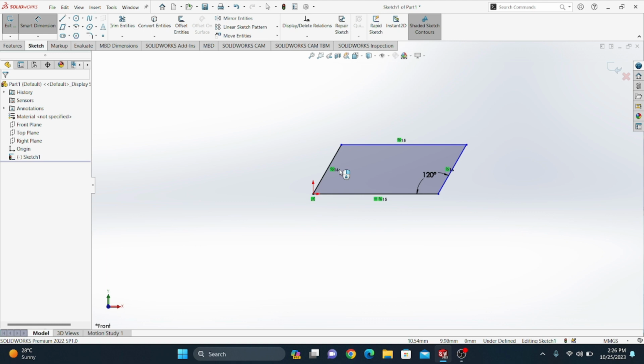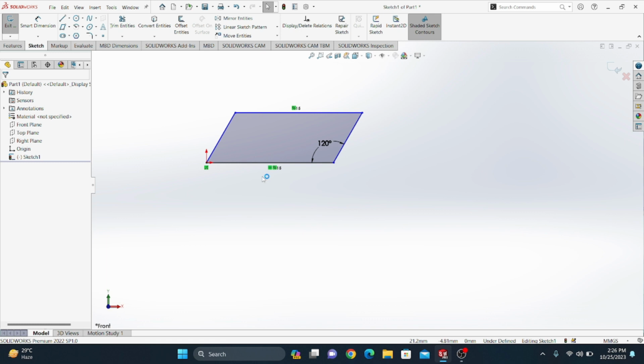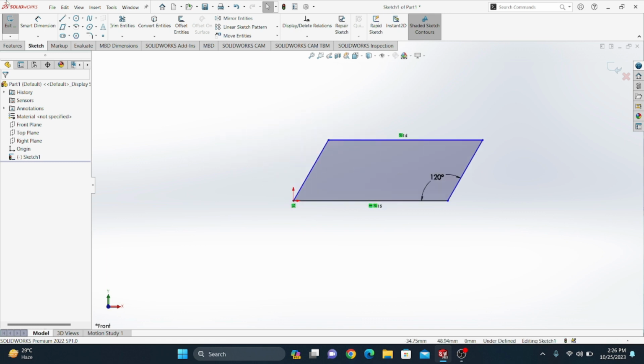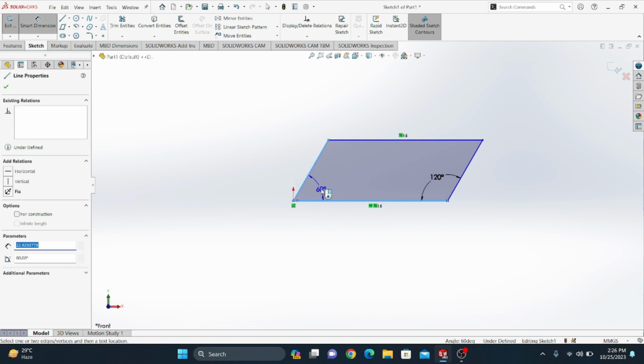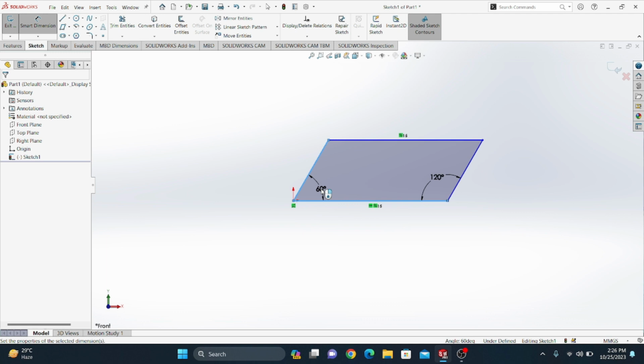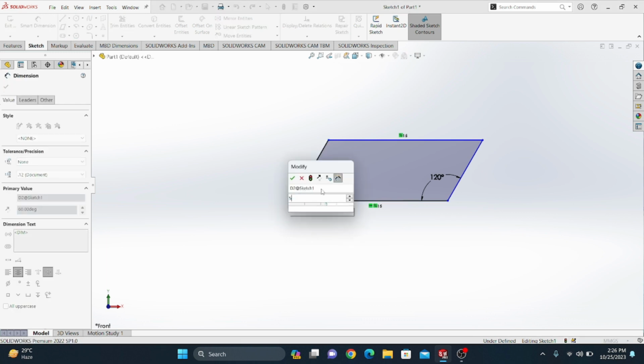But if we want different alignments, for example, if we want this to be at 50 degrees and this to be at 60 degrees, just remove this relation. Okay, delete this. Now if I give it a 50-degree angle, only this will change.